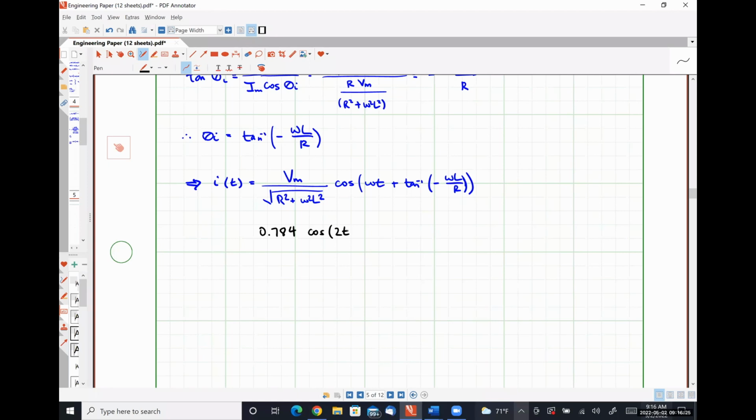I didn't use inverse tangent, sorry. Inverse tangent of negative 2 times 1 over 10 gives negative 11.31 degrees. That's what I got, in amps.